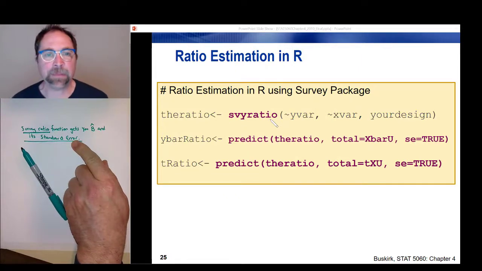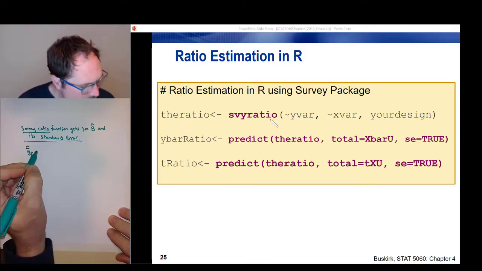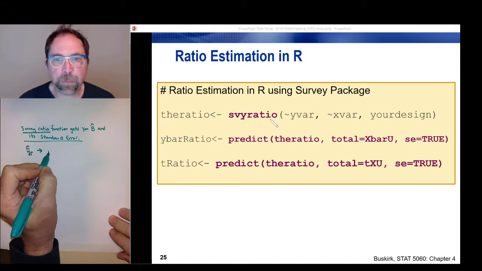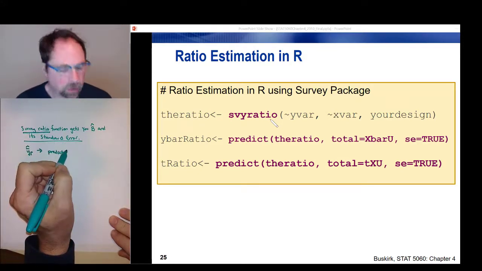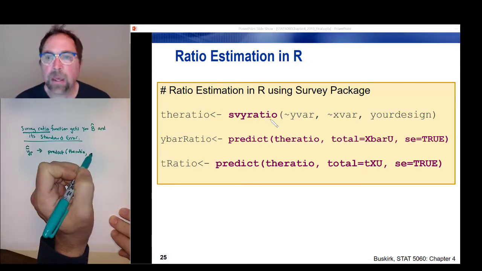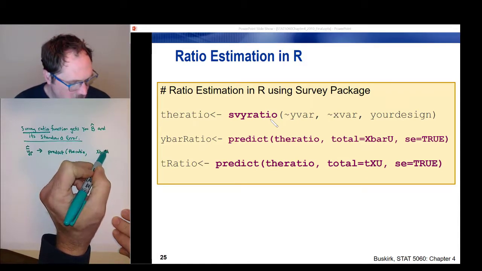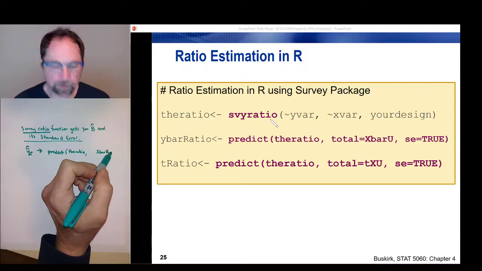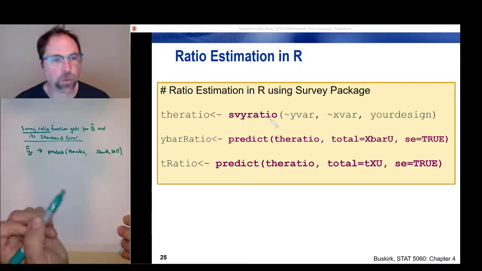If you want an estimate of y bar ratio, then you're going to need to use the predict function with the ratio object already run, and you're going to specify an x bar u number, and then if you want the standard error, you can choose standard error equals true.